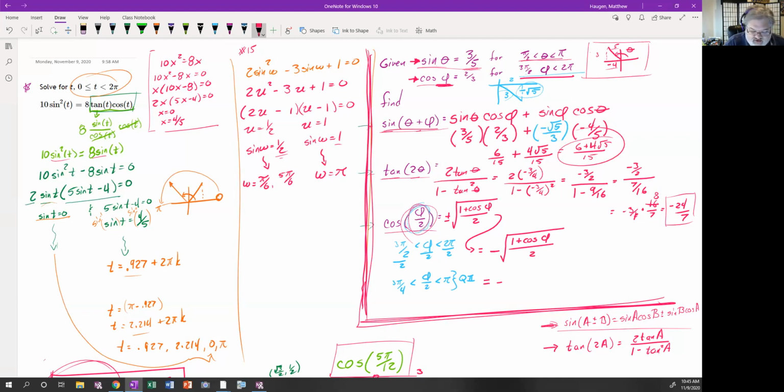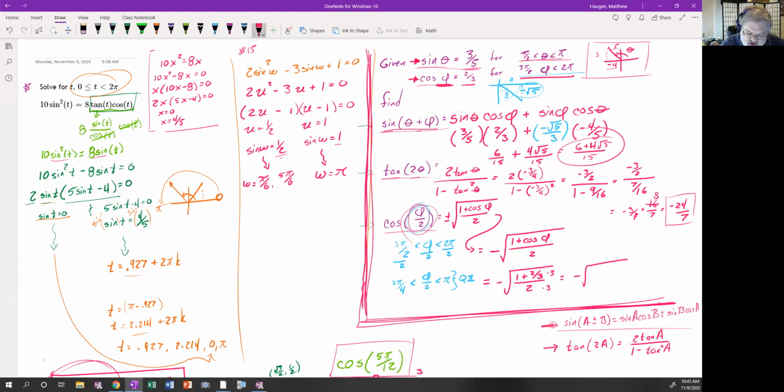But after that, again, we know what the cosine of phi is. Actually, we were just plainly given the cosine of phi. So that would be 1 plus 2/3 over 2, which we'd want to clean up. Don't like having fractions in our fractions.